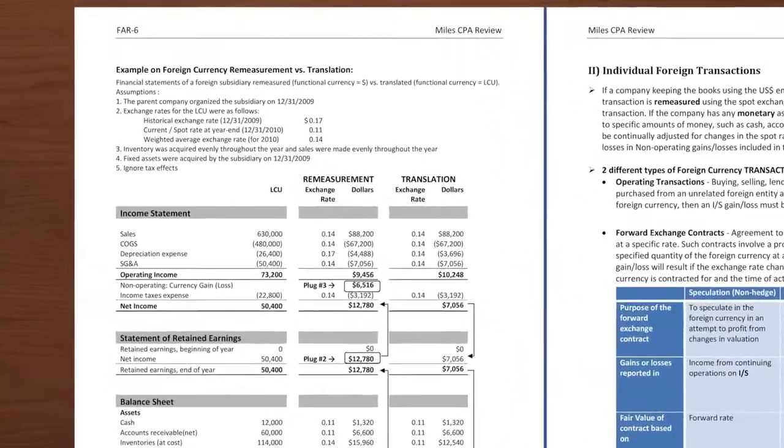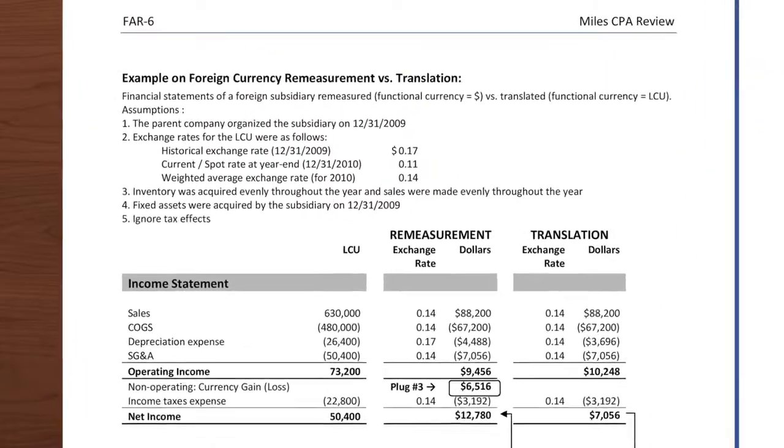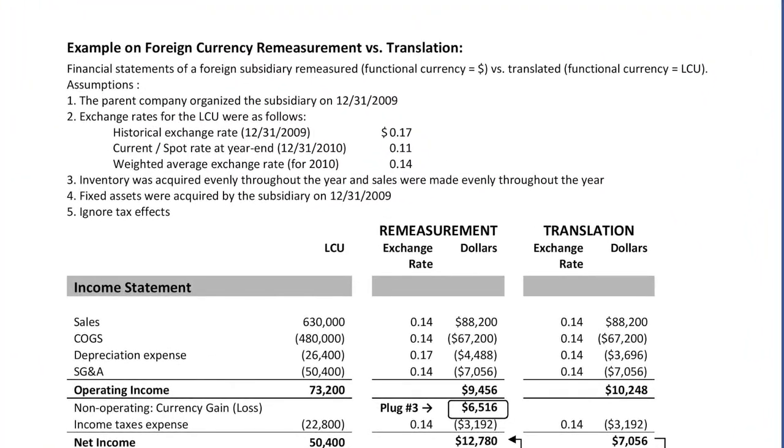Let's look at the example that we have on page 32. So here we have the parent company acquiring the subsidiary on 31st December 09. You have exchange rates for the LCU as follows. So the exchange rates for the LCU, we're talking about what is one LCU equal to in terms of dollars.